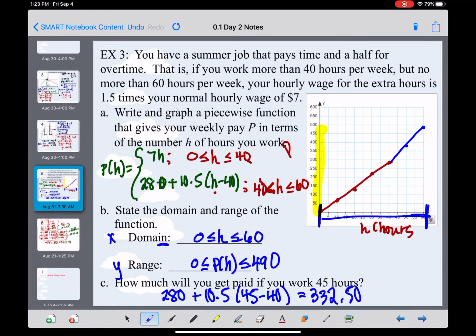If I look at my graph, 45 is about 332.50. You want to make sure that answer makes sense to you. You should be getting paid more than you did for 40 hours, at 10.50 for those additional 5 hours.